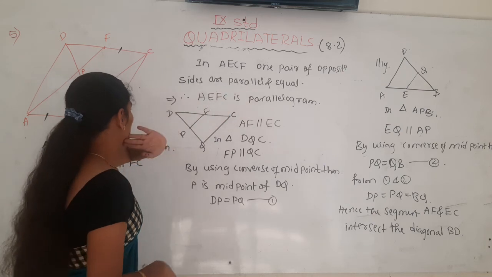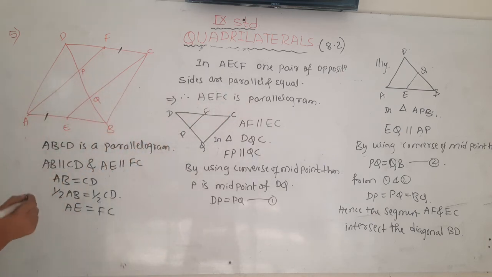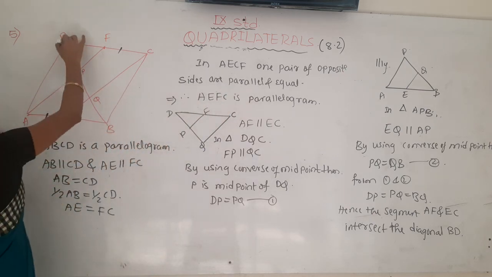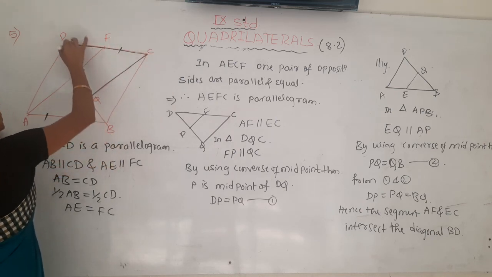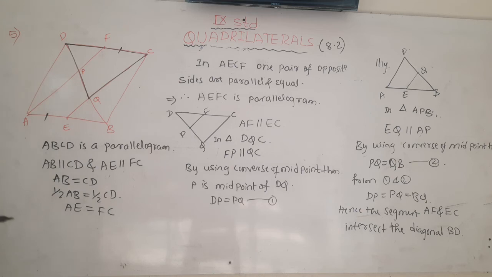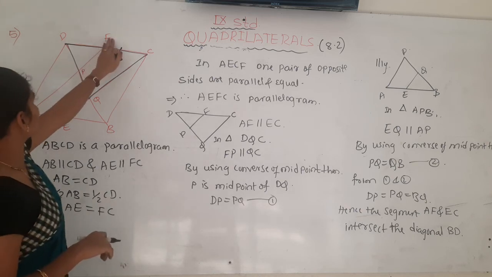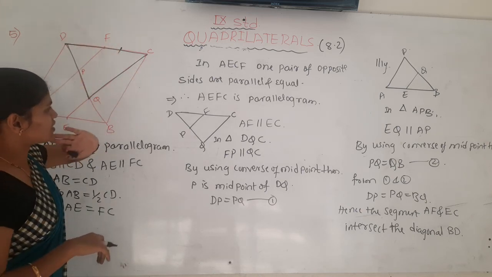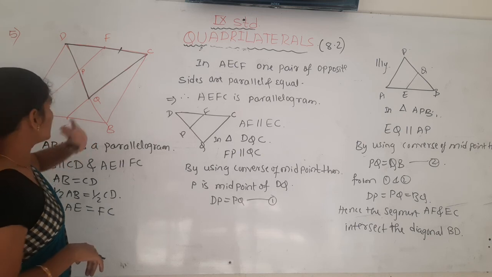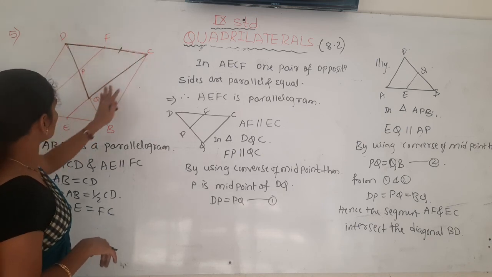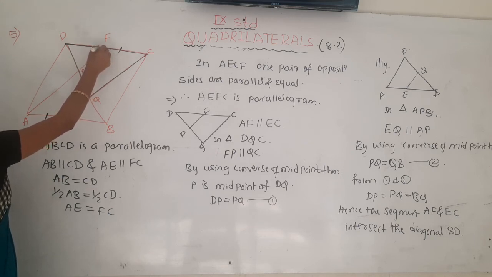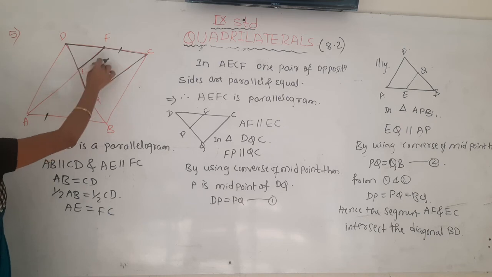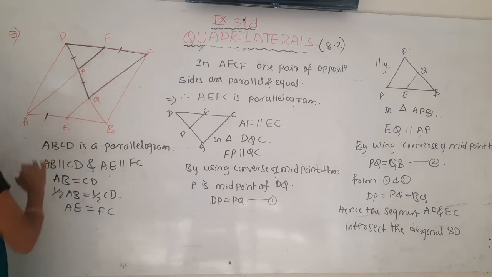Now take a triangle DCQ. Where is that? DCQ, this is a triangle. In this triangle, F is the midpoint of DC. How? F is a midpoint of DC. The line which is drawn from the midpoint of one side of a triangle is parallel to the second side and intersects the third side.